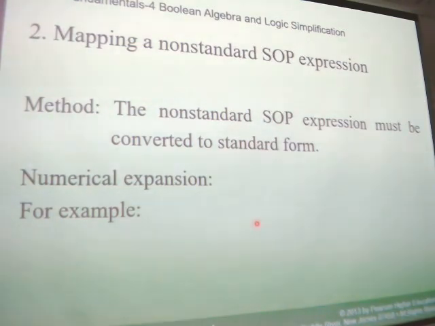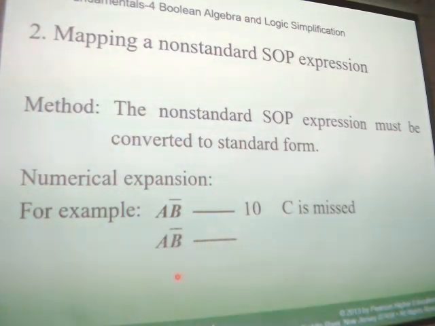For example, AB bar. If there are three variables in the domain, then we must add the third variable.